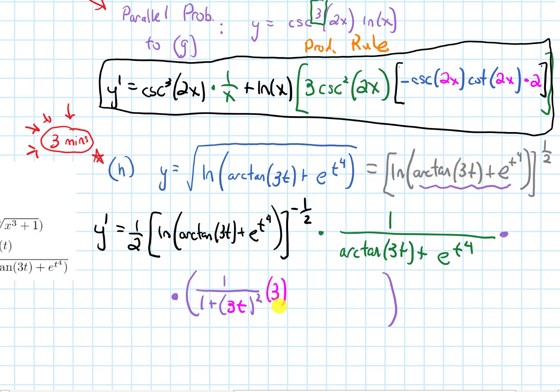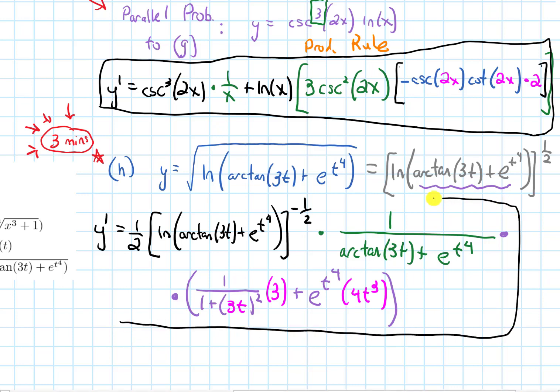Derivative of 3t is 3. Okay, and then I move on to the derivative of e to the t to the 4. This itself is going to be chain rule. I'll get e to the t to the 4 times the derivative of the exponent, which is 4t cubed. All right, and that is my derivative right there. It's a very long derivative. I needed 2 lines to write this one.